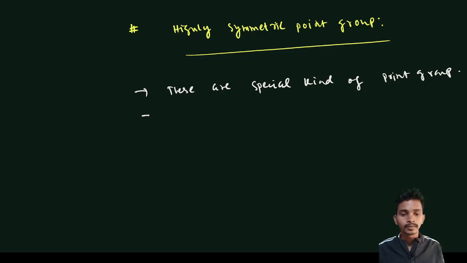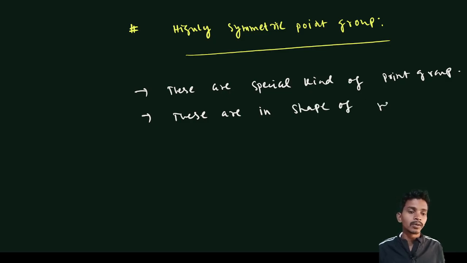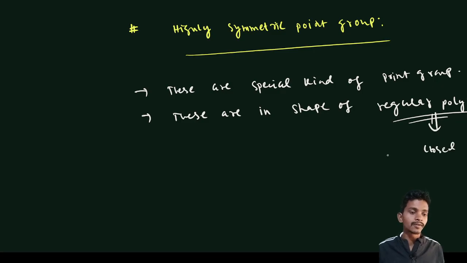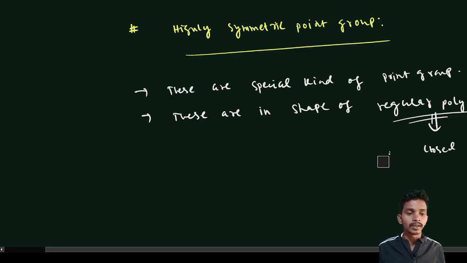Because these are in the shape of regular polyhedra. So what do these regular polyhedra mean? They are closed figures.